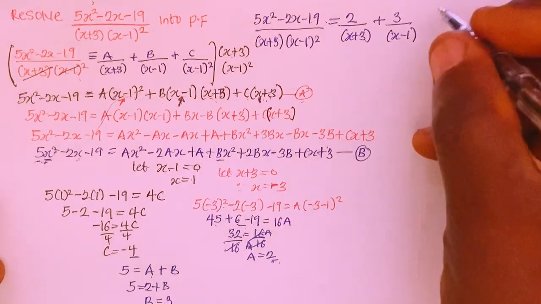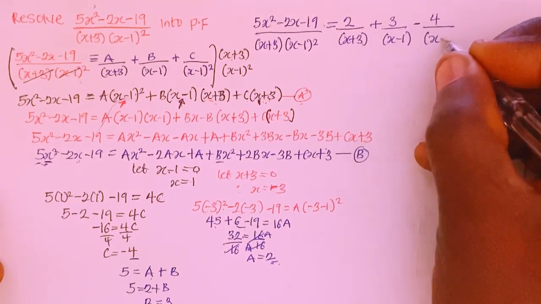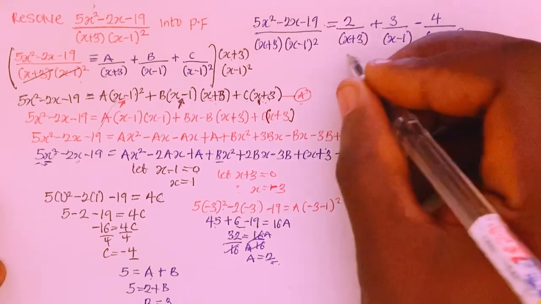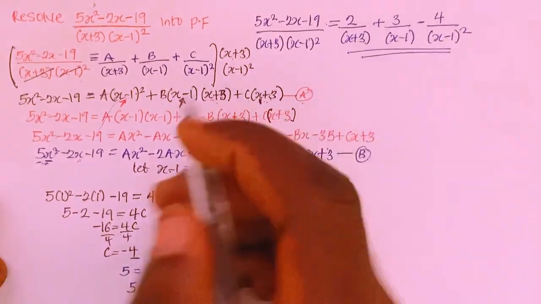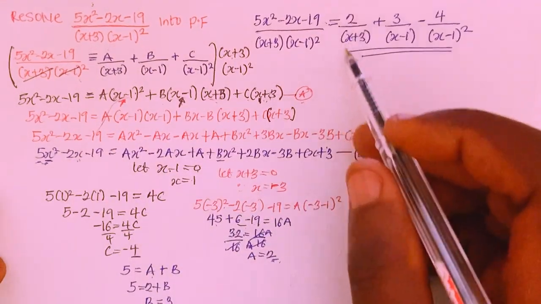My c is minus 4, so minus 4 divided by x minus 1 all squared. So that's just the expression for this partial fraction. Whenever you resolve this into partial fractions, you're going to have the expression to be just this.